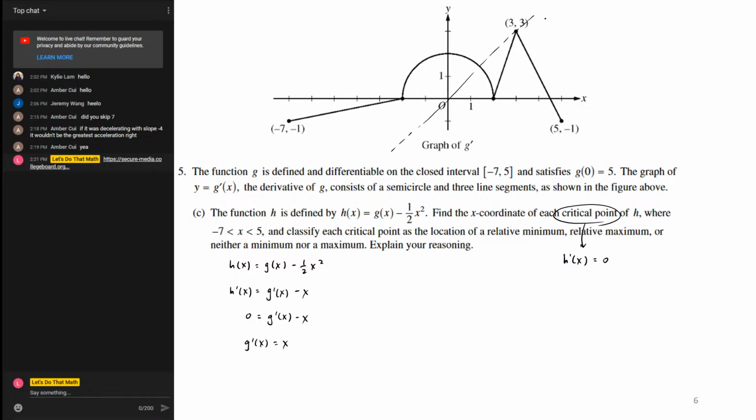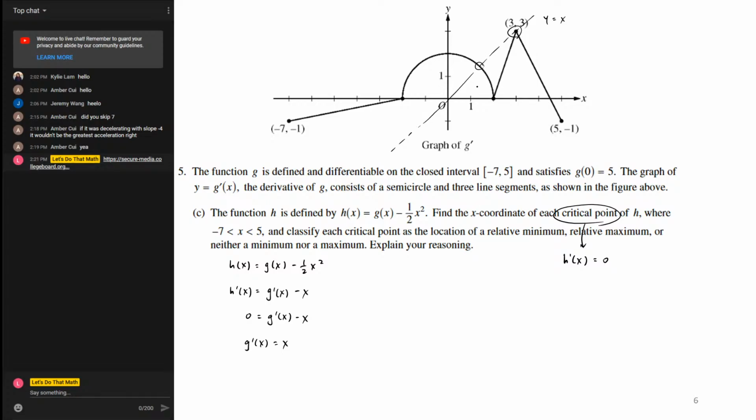This is the line where y is equal to x. And you're going to see there's one here and one here, right? That's when the y value is equal to the x value. What is that? This one is really easy to see. The one that I've circled up at the top is going to be 3, 3, right? But for this one, it's not labeled, so I need to go ahead and solve for that, right?